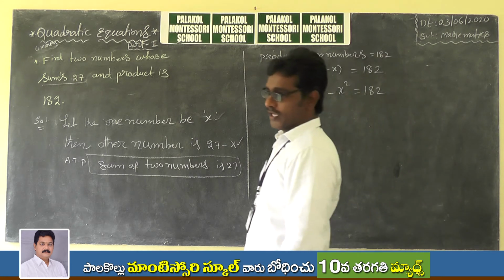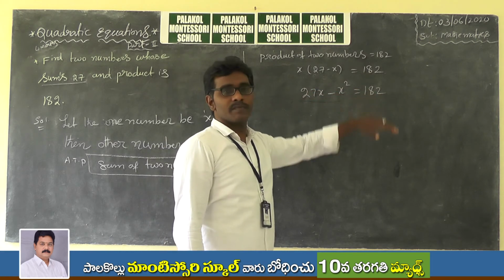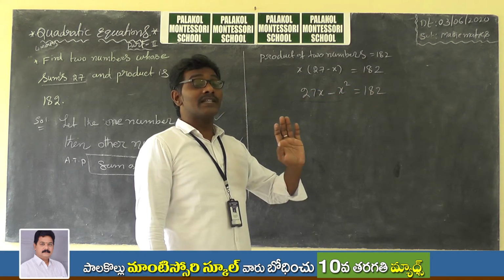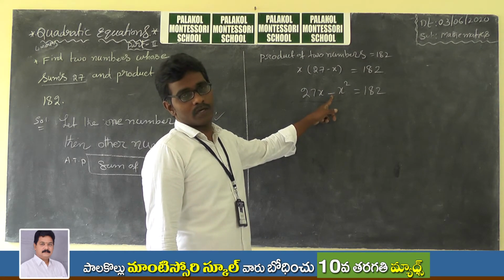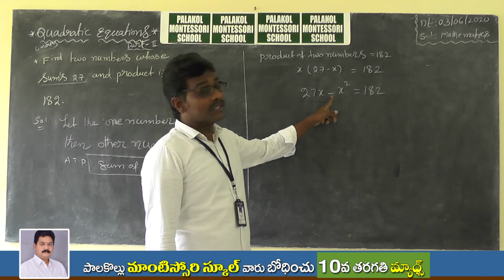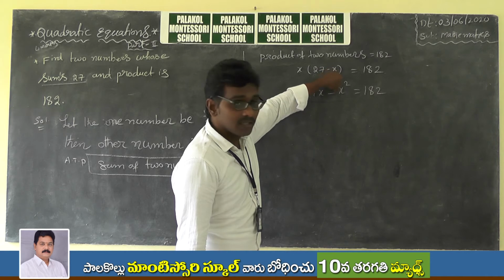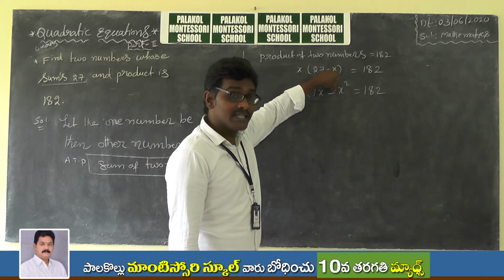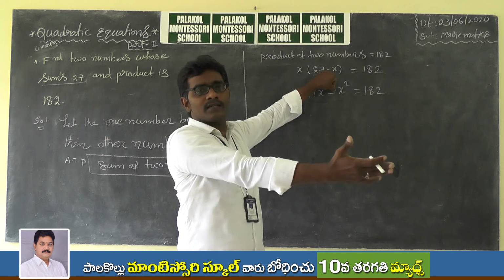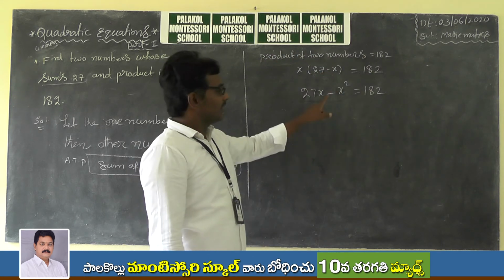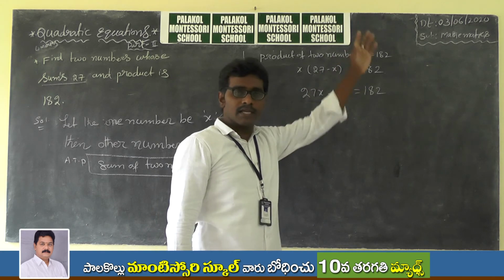Wait guys. Observe the LHS and RHS. Where is the x square term? In this situation it is in the LHS part. But you observe that the coefficient of x square here is minus 1. It's a negative sign. In that situation it is better to send minus x square to the other side.